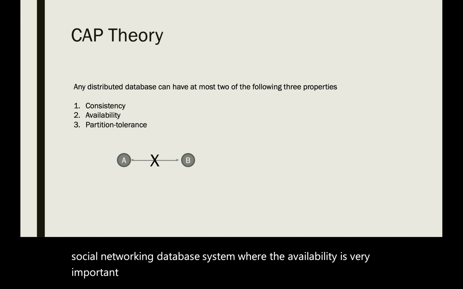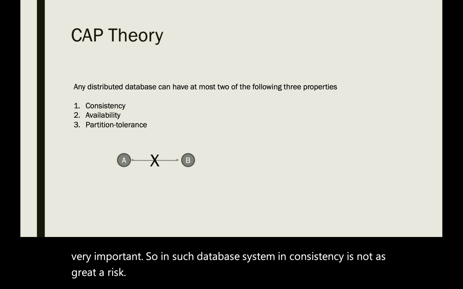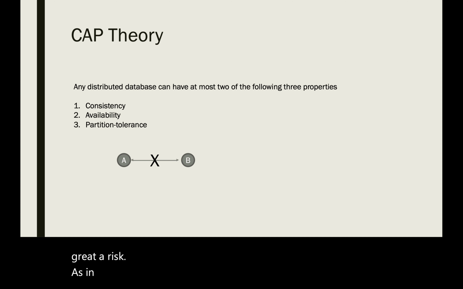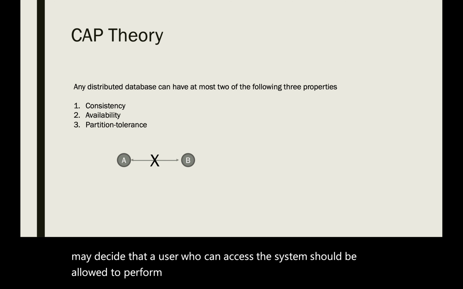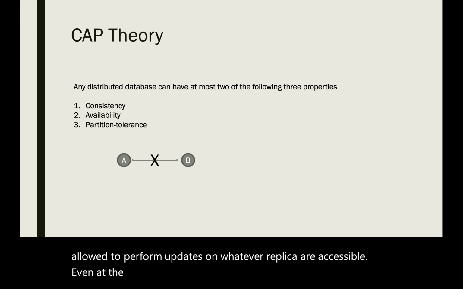In such a system, inconsistency is not as great a risk as in the banking account system. So a designer of such a system may decide that a user who can access the system should be allowed to perform updates on whatever replica is accessible, even at the risk of inconsistency.